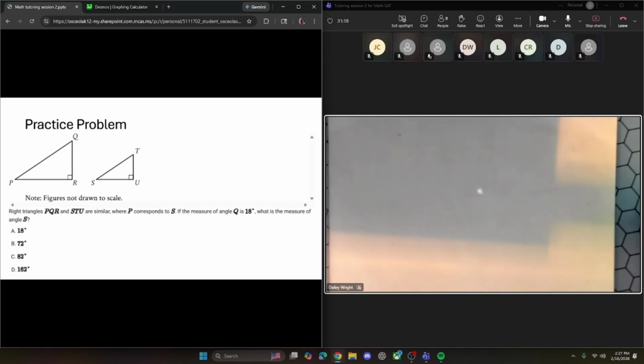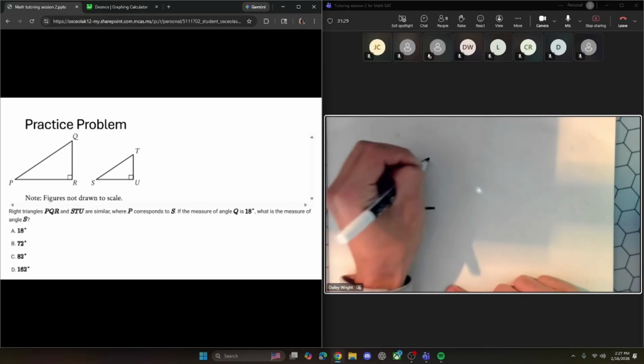Right triangles PQR and STU are similar, where P corresponds to S. If the measure of angle Q is 18 degrees, what is the measure of angle S? Okay, so let's draw this out.